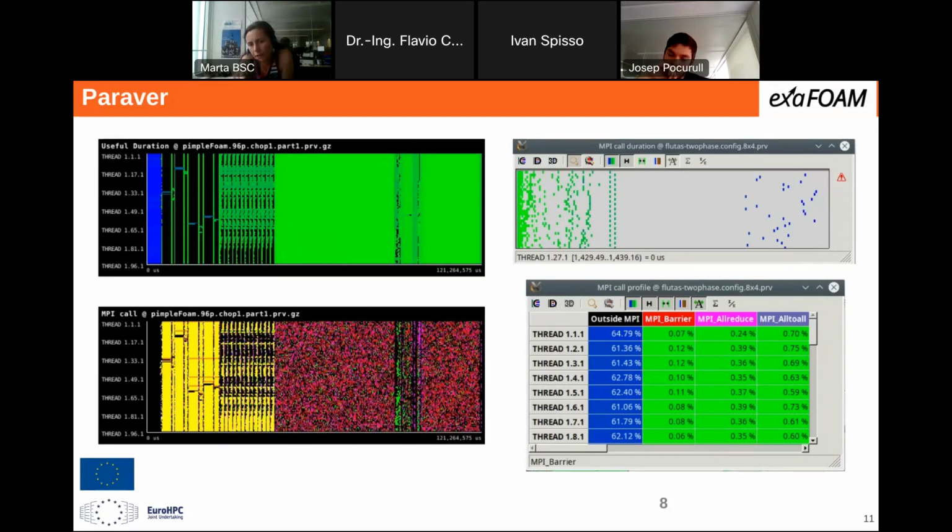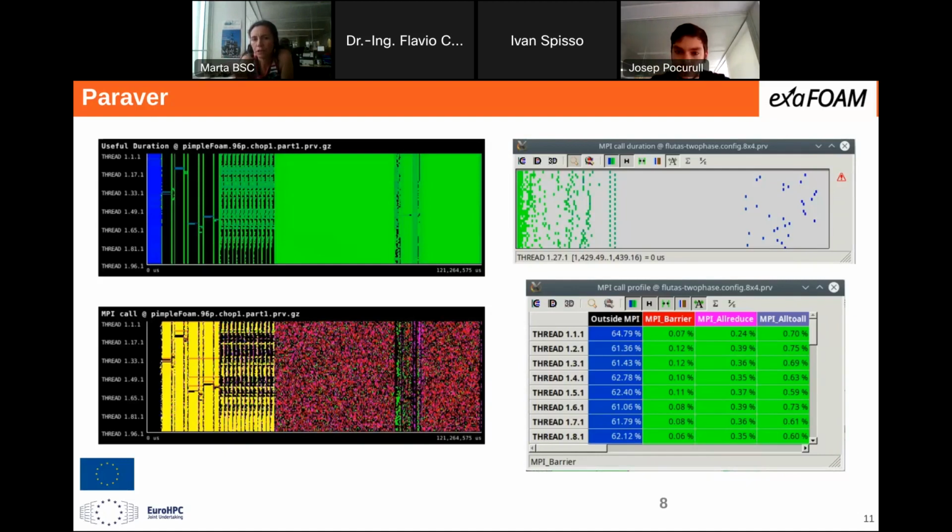And then you can select which is the control scale, so what you see in the x-axis, and also which metric the color represents. In this case, for example, it's the duration of the different MPI calls.